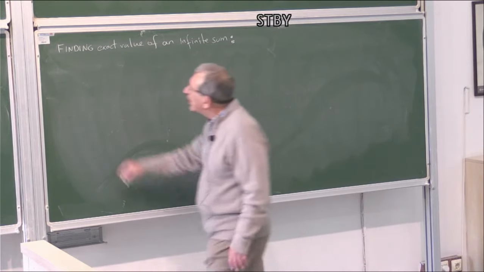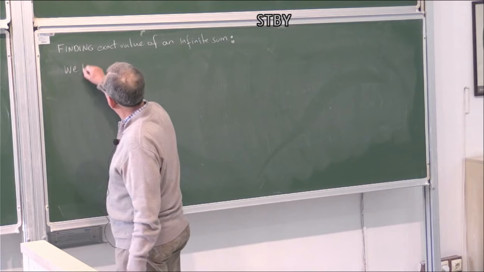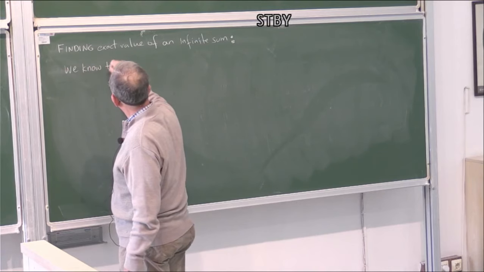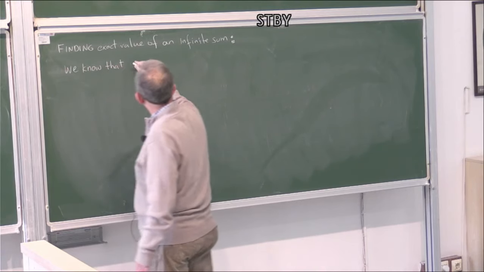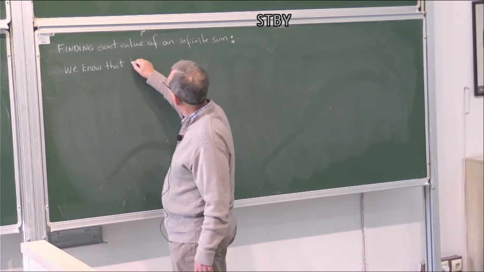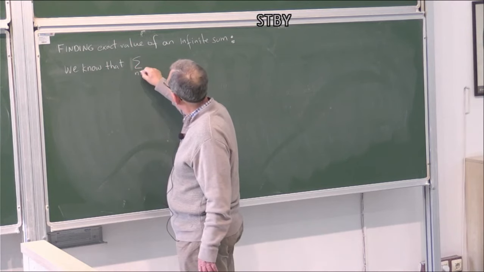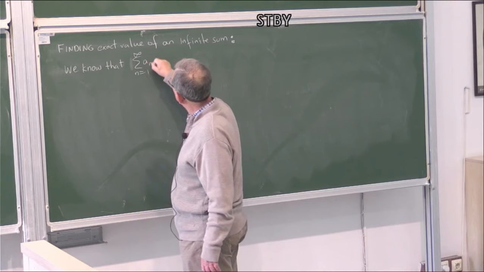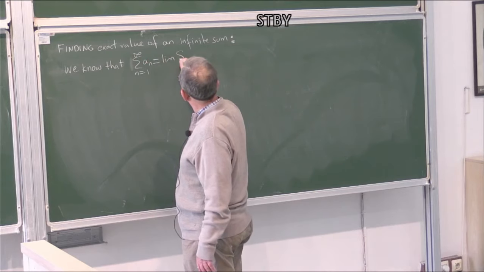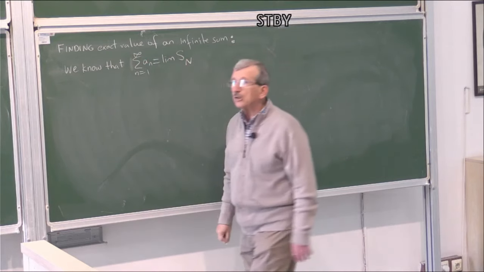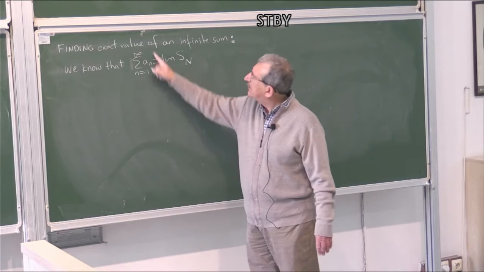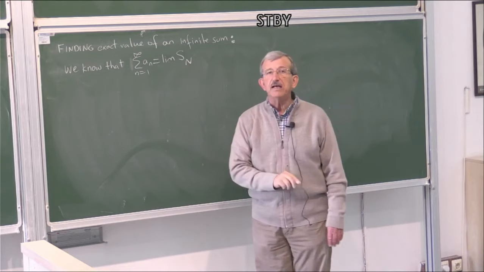Well, we know that this value, that is, this sum, is the limit of Sn. So, to find what this is, we have to find the limit of Sn.